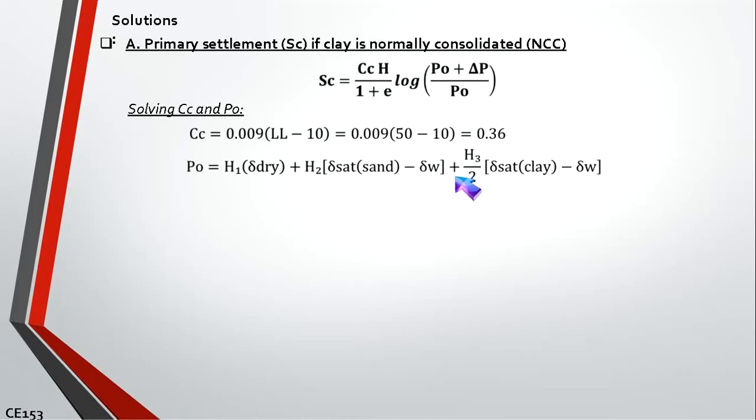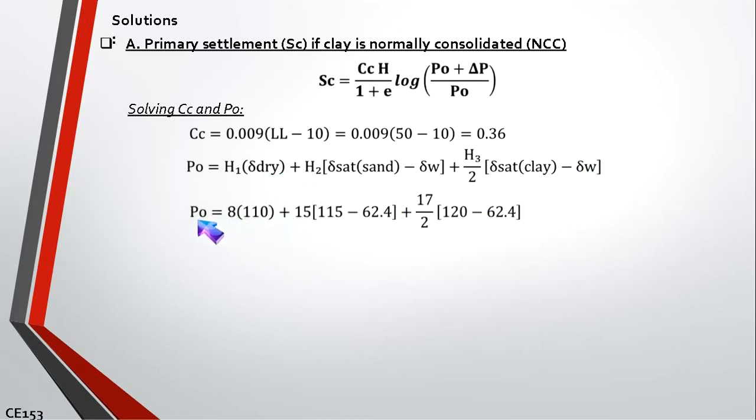Then plus the third layer, H3. Why do we divide the height of H3 by 2? Since the effective pressure is taken at the midpoint of the clay. So we divide the total height by 2 to get the midpoint of the clay, then multiply by the effective unit weight, which is the saturated unit weight of clay minus the unit weight of water. When we compute that, these will be our values.